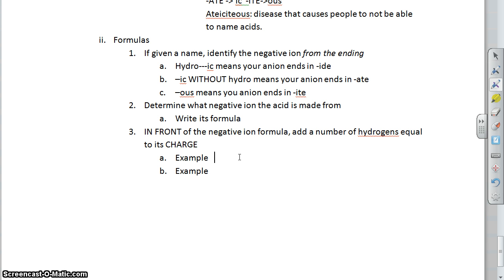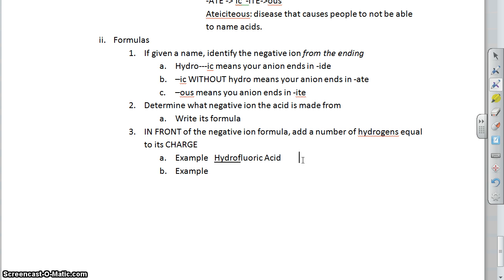So let's do one of these. Let's say we got hydrofluoric acid. So I immediately recognize that hydro prefix. The hydro prefix tells me that I have an ide ion. So I look for the stem.